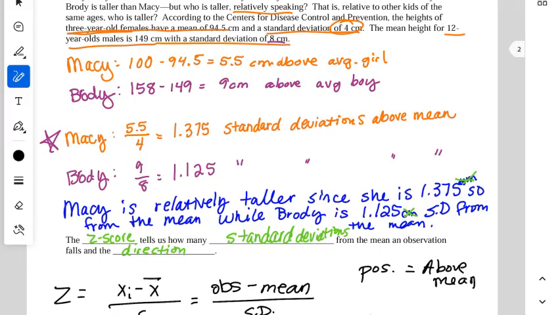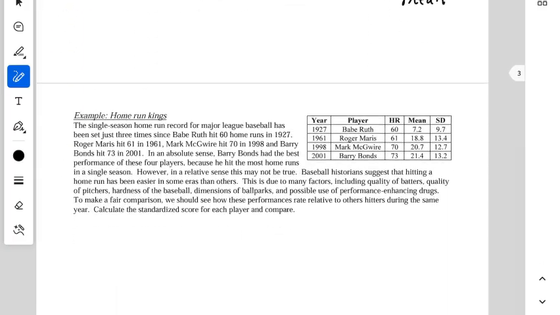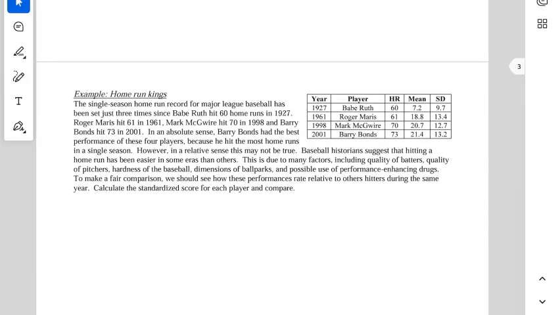So if we have a positive Z-score, it's above the mean. If we have a negative Z-score, it's going to be below the mean. Okay, let's look at the next page. Go ahead and read that.